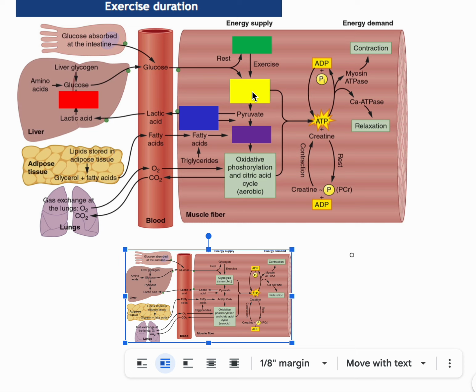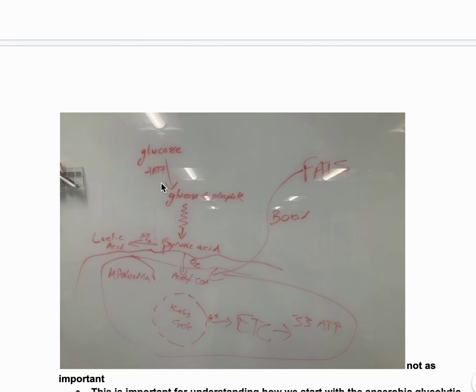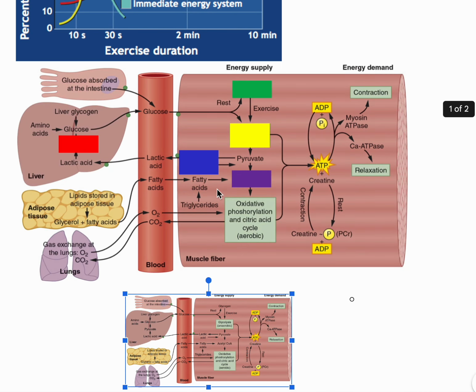And then down here, if we need it immediately for exercise, we're going to go right to glycolysis. So from glycolysis, we end up with glucose 6-phosphate into pyruvic acid. So pyruvic acid is right here.